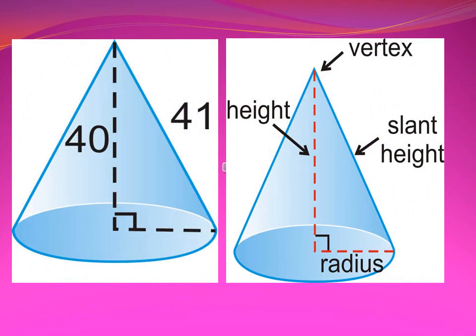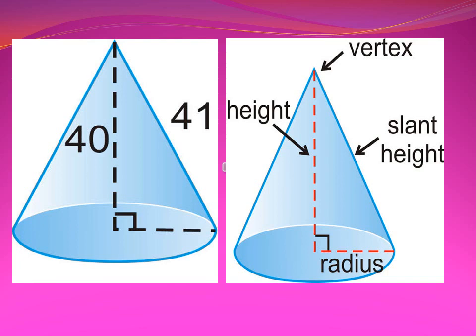In an effort to understand a cone, let's use these two diagrams where one has measurements, the other has the labeling. In the first one, we have the height, shown in red on the second one, which is 40 units. Then we also have the slant height as 41. Because when we are looking for the surface area, we'll need the radius, we must see the right-angled triangle running from the vertex to the center of the base.